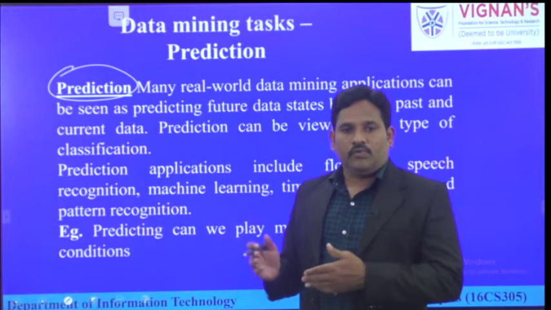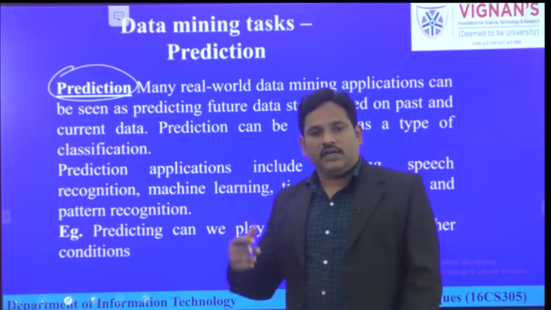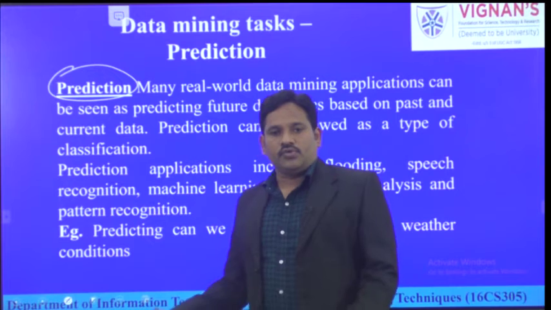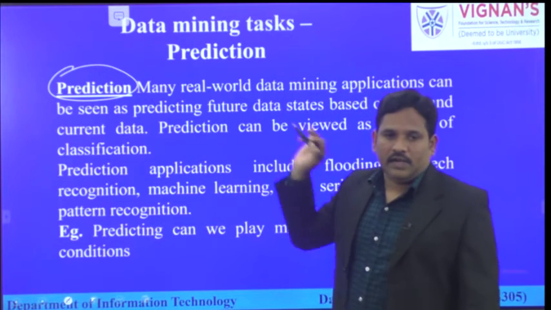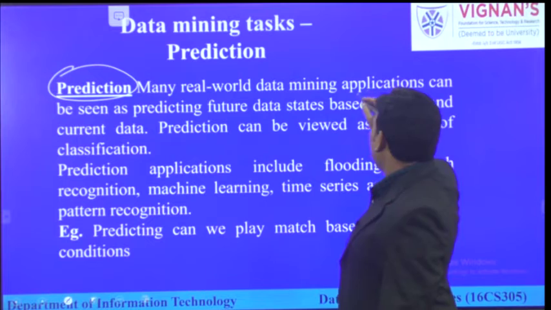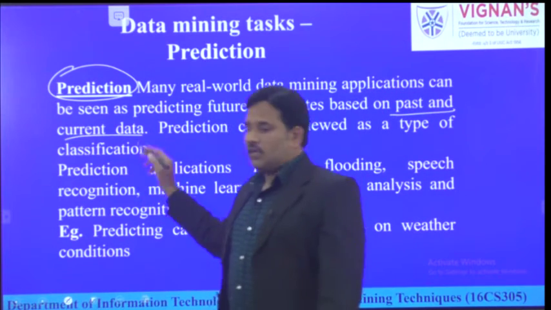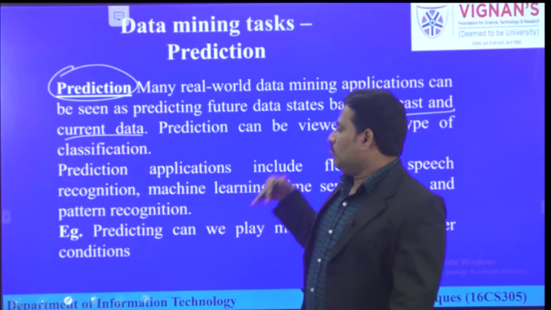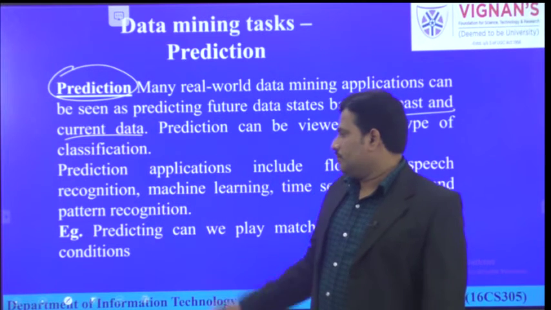It can be an estimated value. We are not saying it is going to generate an accurate value, but it can estimate something. How is it estimated? By taking past data as well as current data as a combination of input. We want to predict what is going to be generated in future.